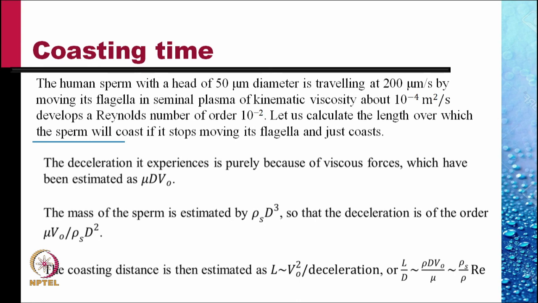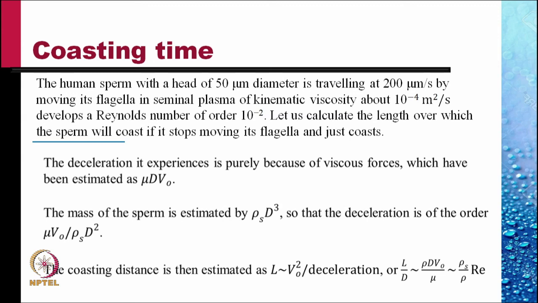The deceleration it experiences is purely because of viscous forces, which have been estimated as mu d v naught. The mass of the sperm is estimated as rho times d cube, so that the deceleration is of order mu v naught divided by rho d square.